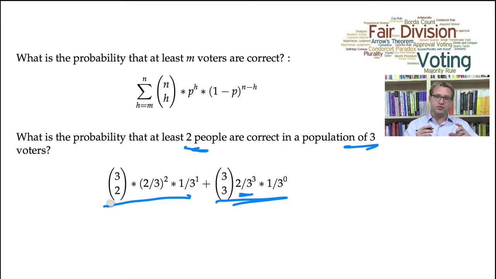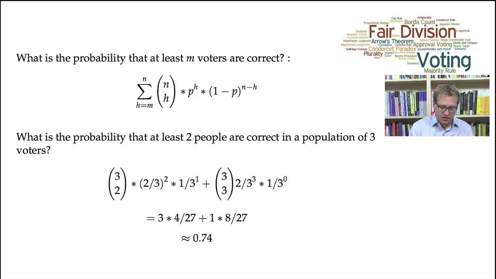If we first choose 2 voters to be correct, that's 3 choose 2, times the probability that those 2 voters are correct, which will be 2/3 times 2/3, times the probability that the remaining voter is incorrect. Doing the calculations, this is approximately 0.74. So it's 3 times 4 over 27 plus 1 times 8 over 27.